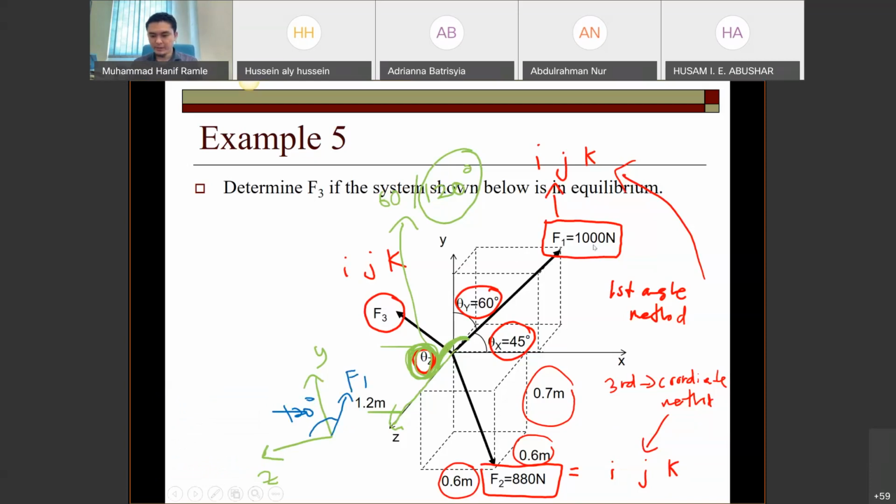Okay, so what is the answer for F1 in terms of IGK form? Anyone got it?